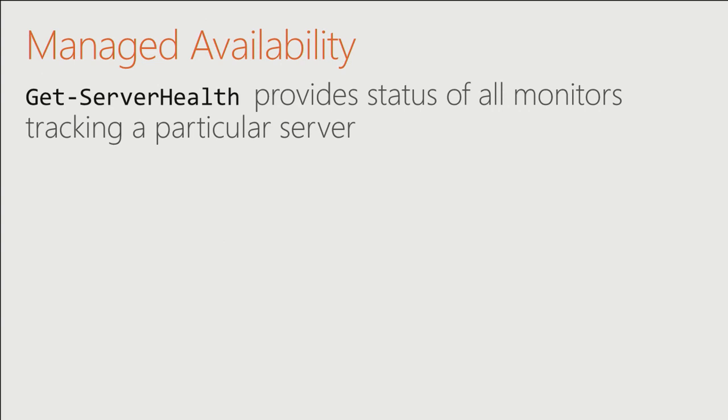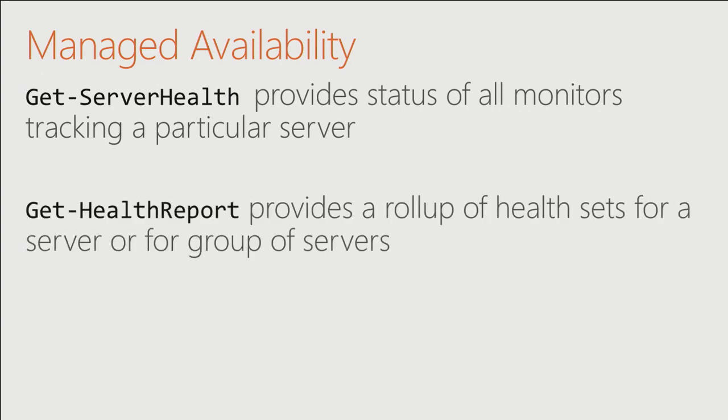The second commandlet I would like to mention is Get-HealthReport. That's a view on the system from an even higher altitude. If the first one was producing the output of the monitors, the second one is a roll-up of the outputs. Effectively, it's the list of the health states. Even that list on the mailbox server is quite long, and it probably makes sense to filter for unhealthy health sets.